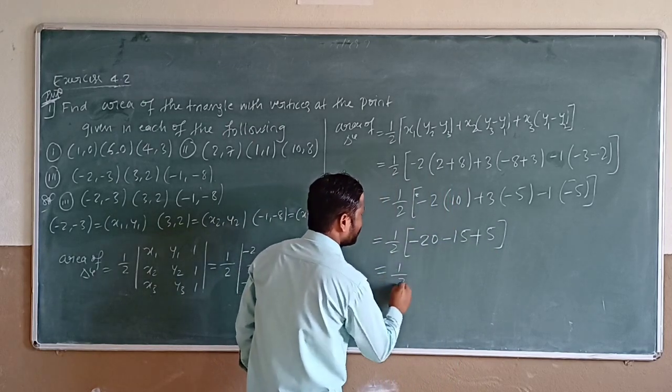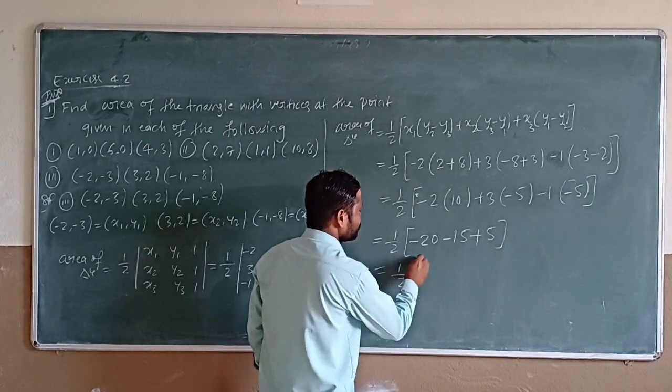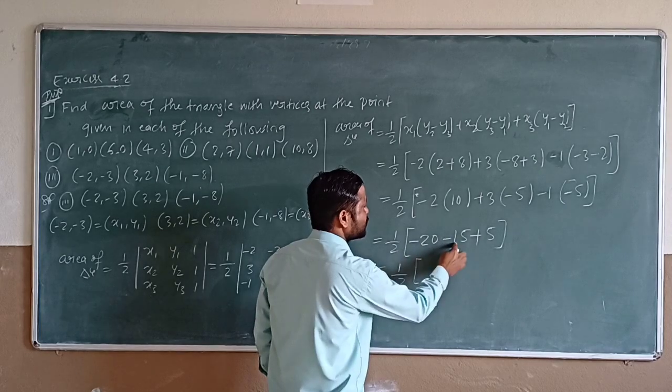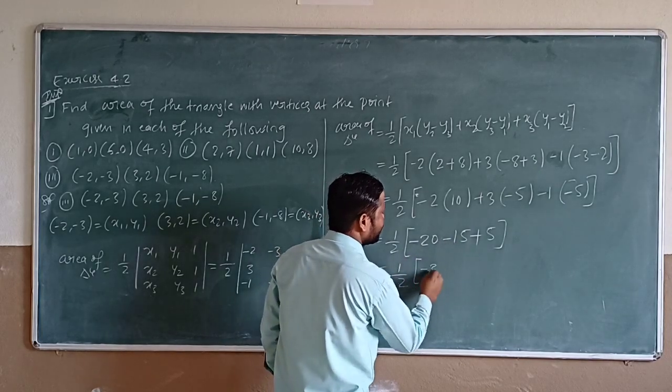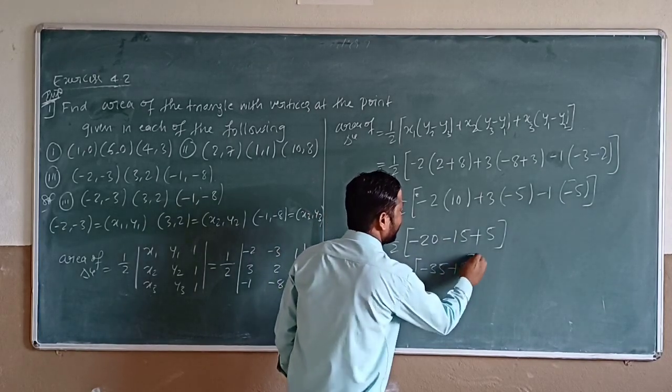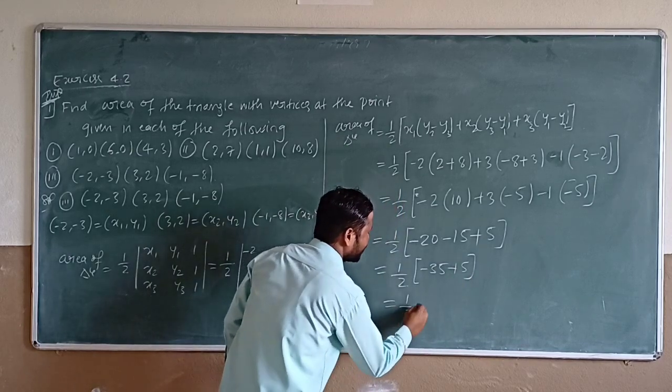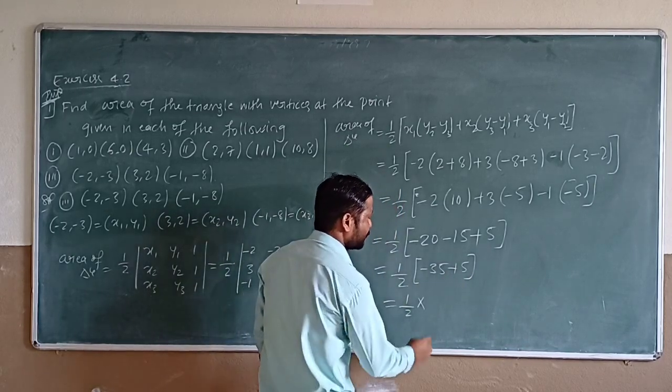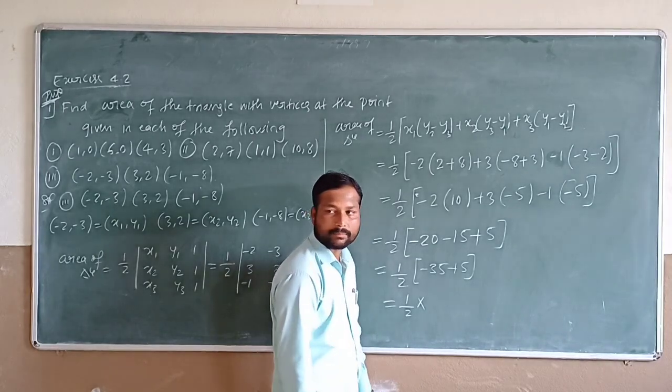Then 1 by 2 as it is, minus 20 minus 15 is minus 35, plus 5 now, right? That is 1 by 2 into minus 35 plus 5, minus 30 now.